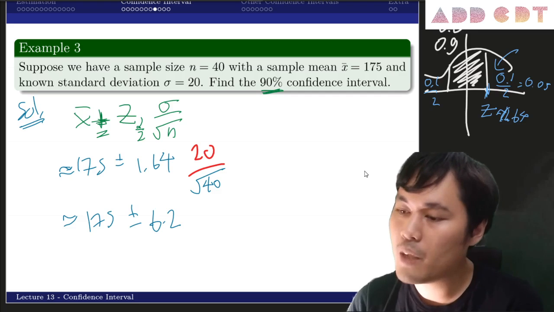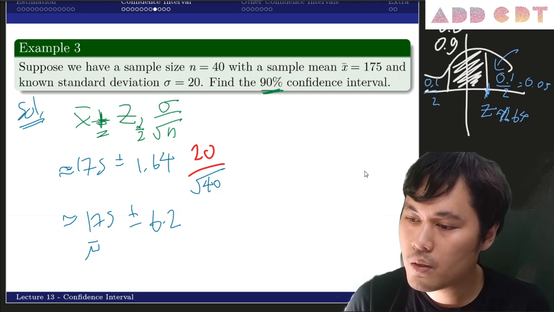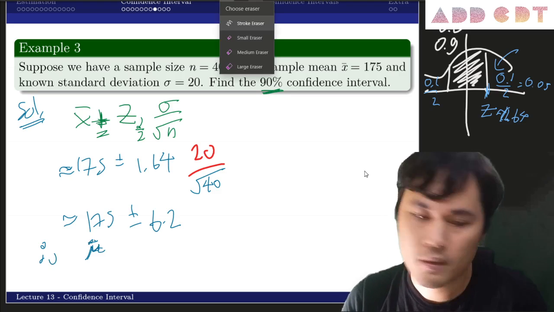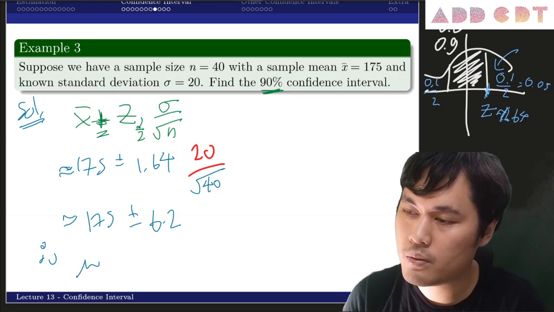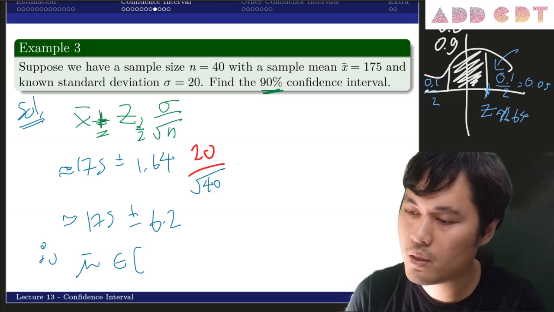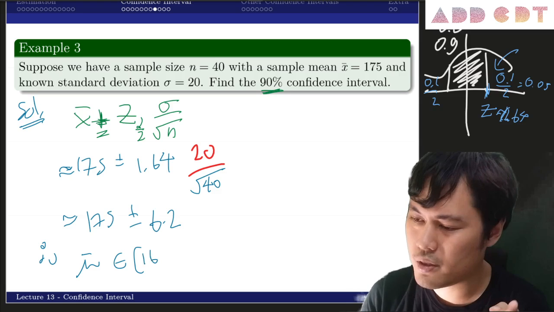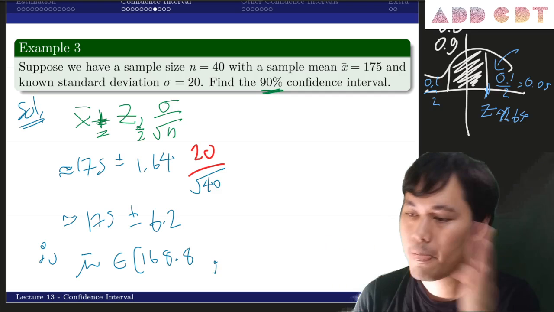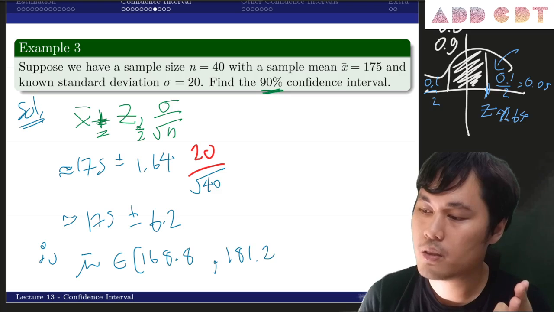So that means now we have our confidence interval. In the end we can say that the mu that we want to estimate should be between the left side, 175 minus 6.2, which is 168.8, to 175 plus 6.2, 181.2.